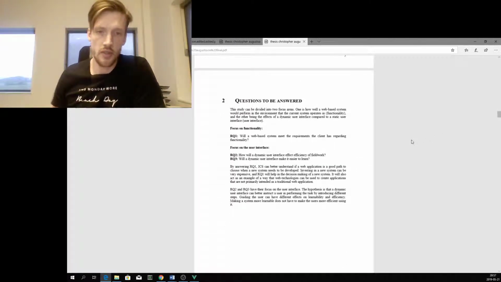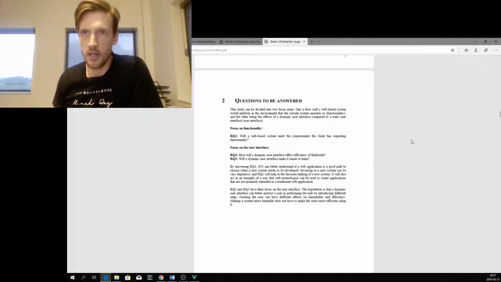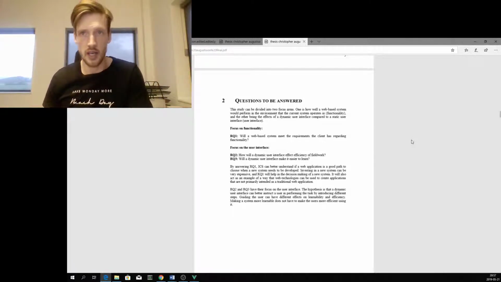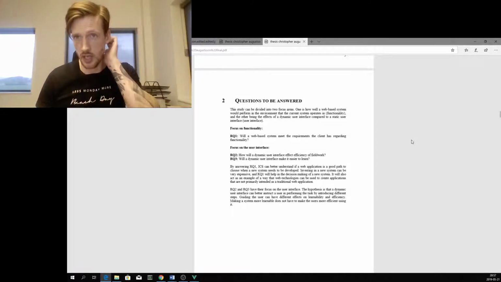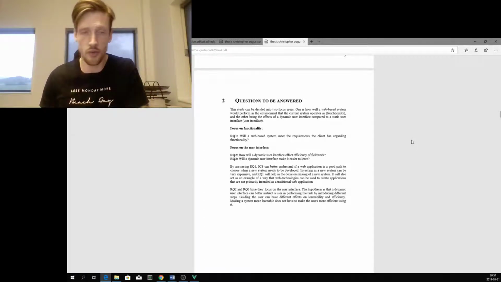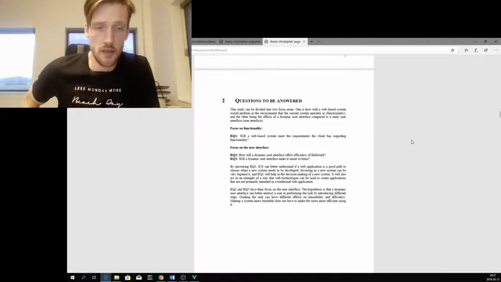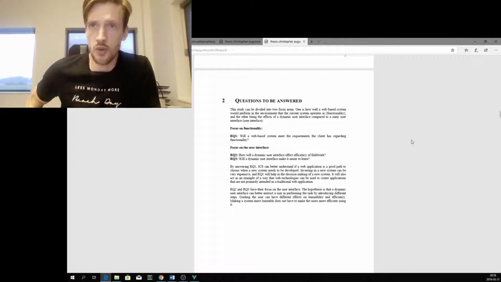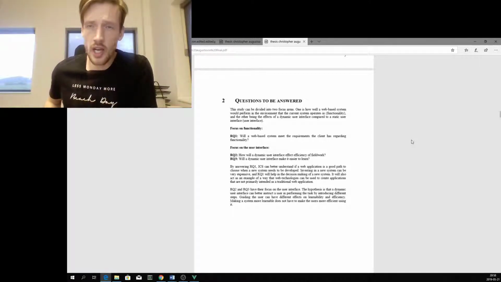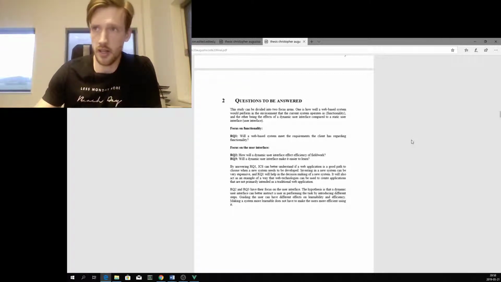The questions that I've been trying to answer in this study have been divided into 2 parts. One has its focus on functionality, whereas the other 2 questions have their focus on the user interface. On the functionality, we have the question: will a web-based system meet the requirements the client has regarding the functionality?